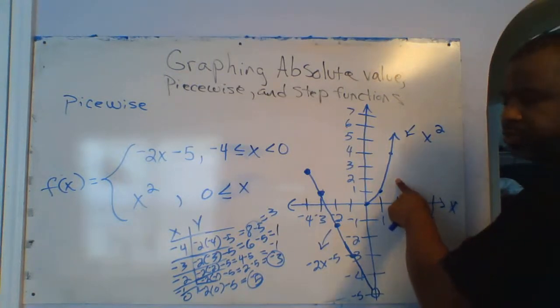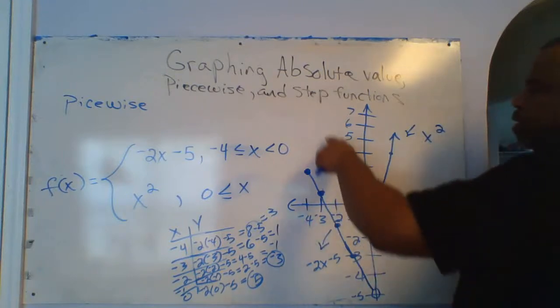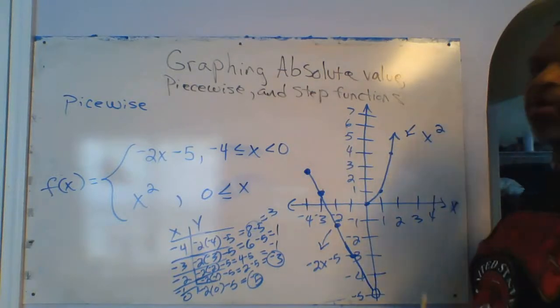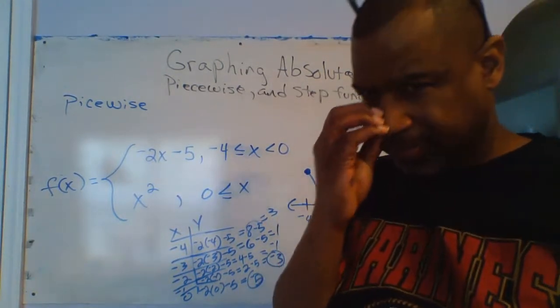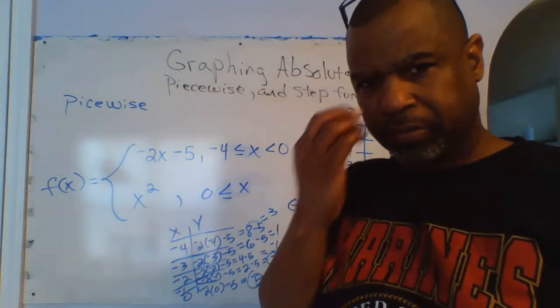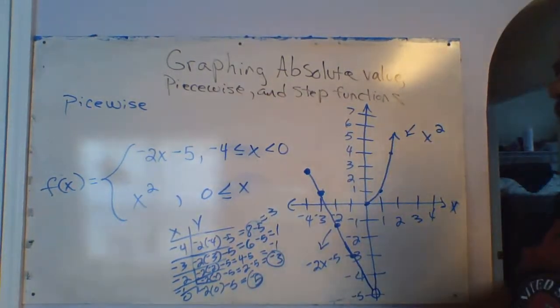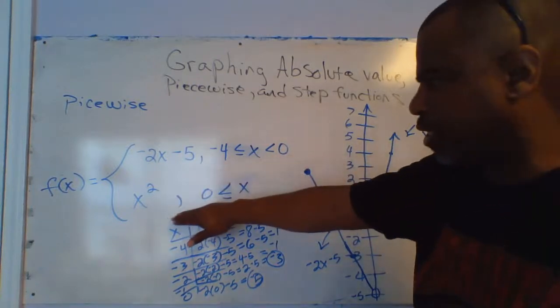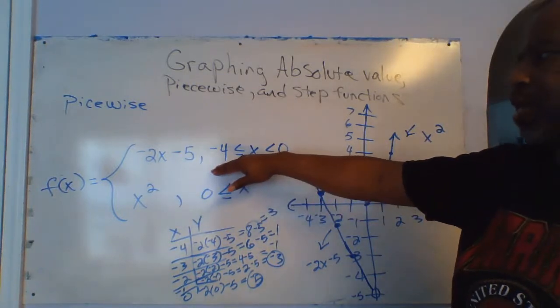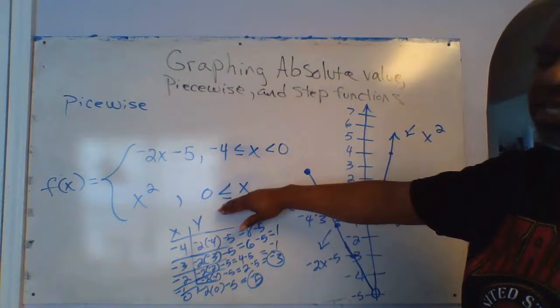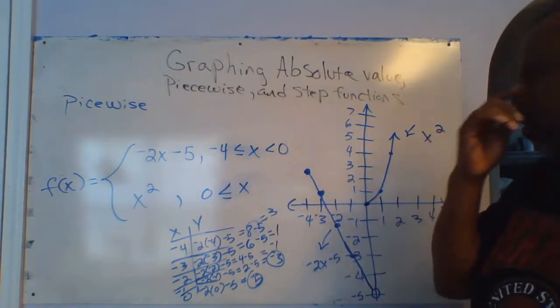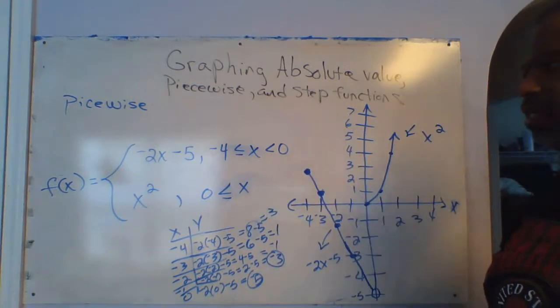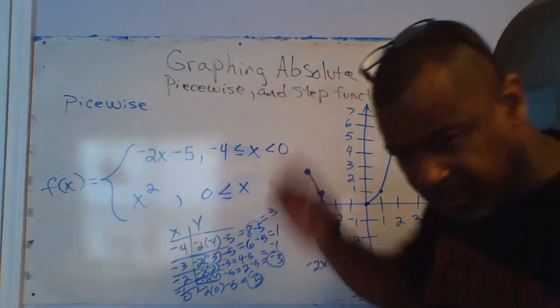And if I was doing this one as a whole function, it would be a complete quadratic function, but I only want pieces of the function. They're going to give you your restrictions in the very beginning. So you're going to see it just like this in Algebra 2. You'll also see it just like this in pre-calc. You'll also see it like this when you take your calculus class.